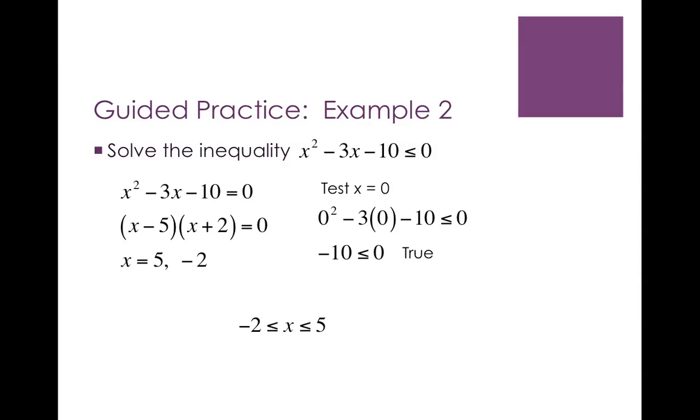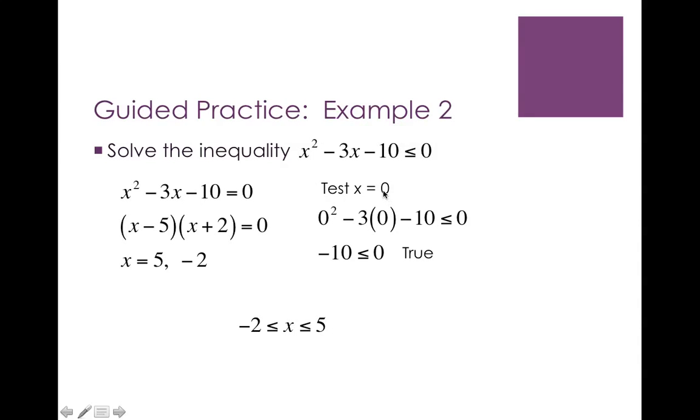by putting it back into either the original ax squared plus bx plus c form, or you can also use the factored form, whichever you feel is easier. But we end up with a statement like negative 10 is less than or equal to 0, which is a true statement.